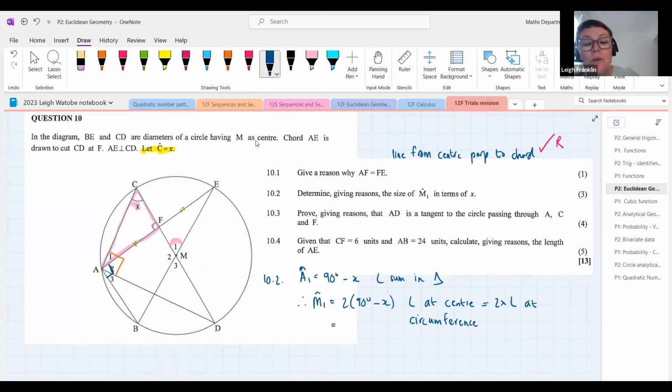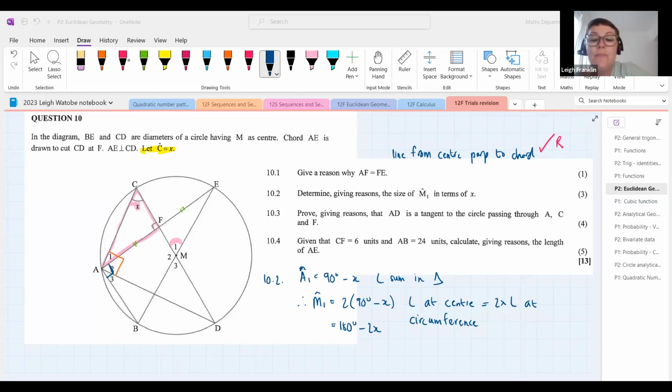All right, so that's going to be 180 minus 2x. 2x, Yamkela. Remember, you've got to distribute the 2 to both terms in the bracket. Okay. All right, now that was out of 3.